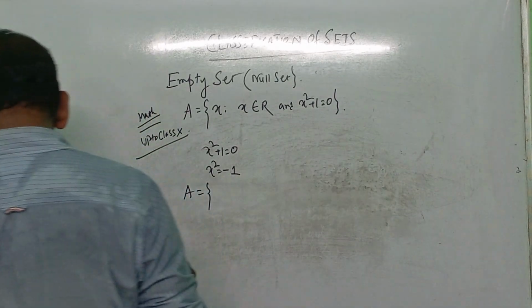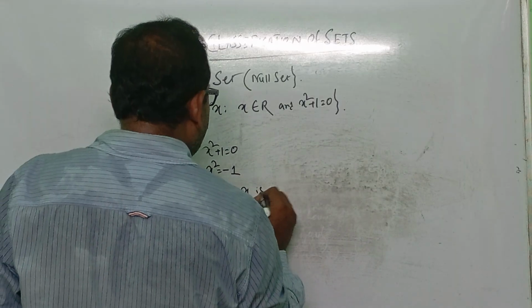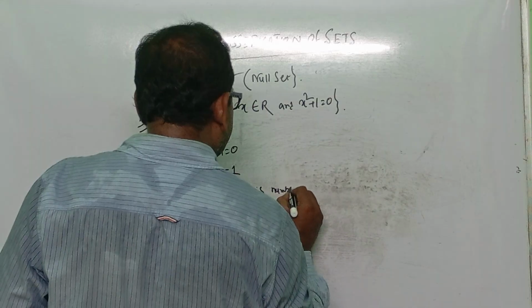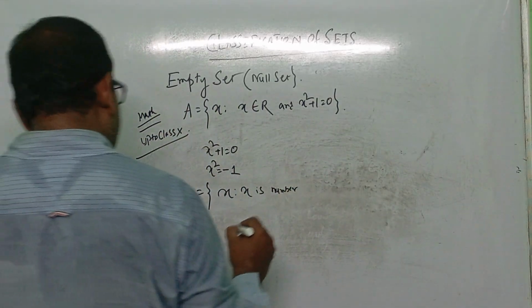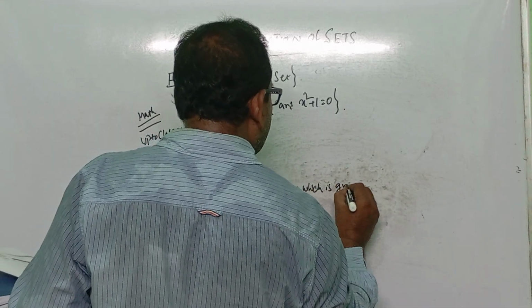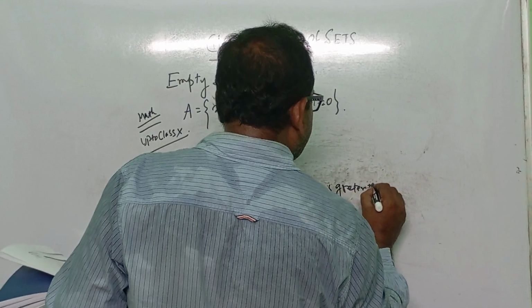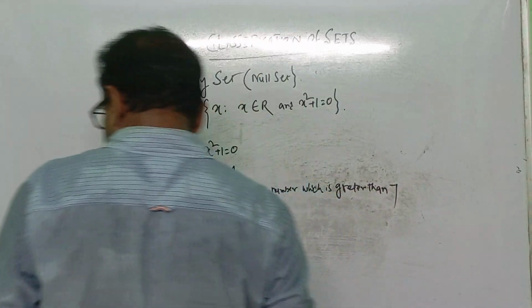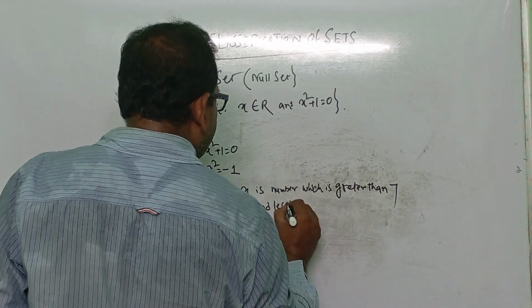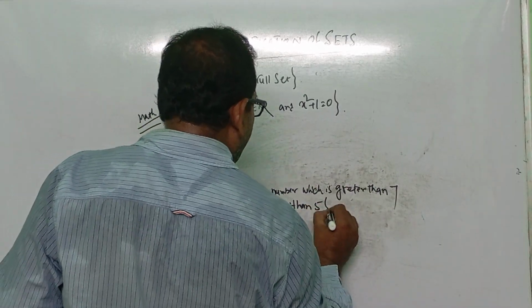A set of x, where x is a number which is greater than 7 and less than 5.